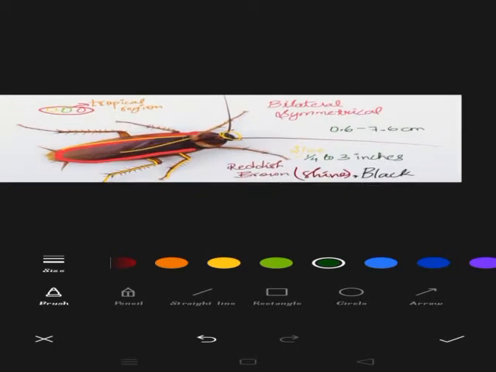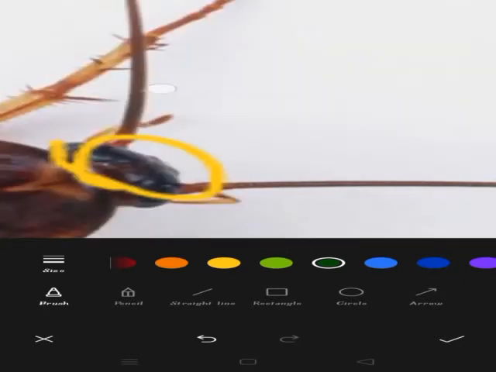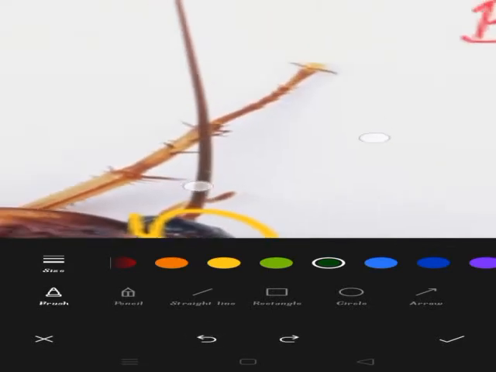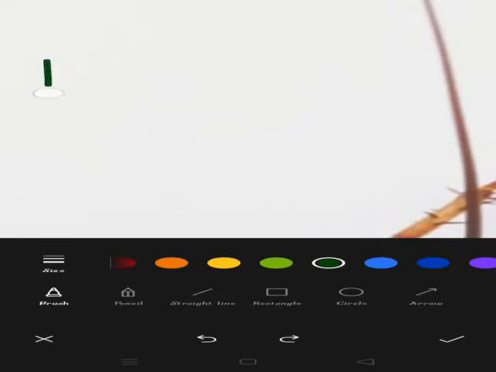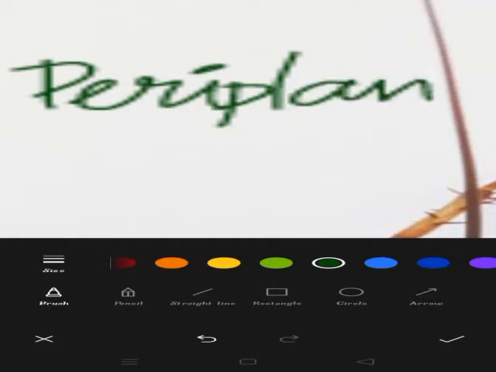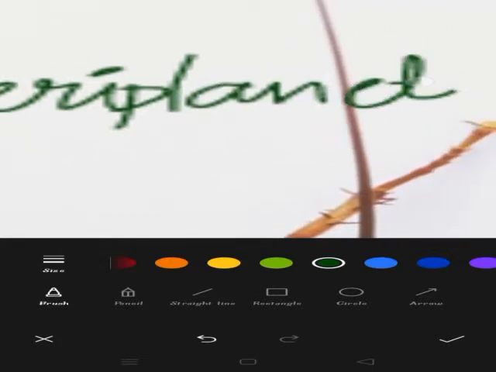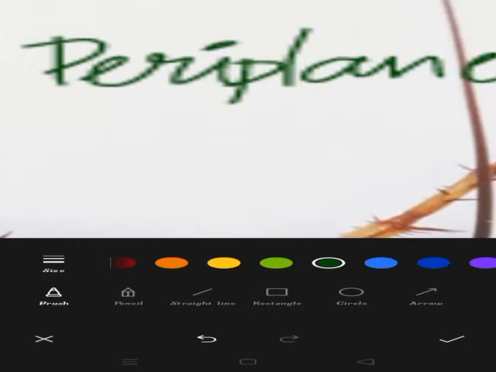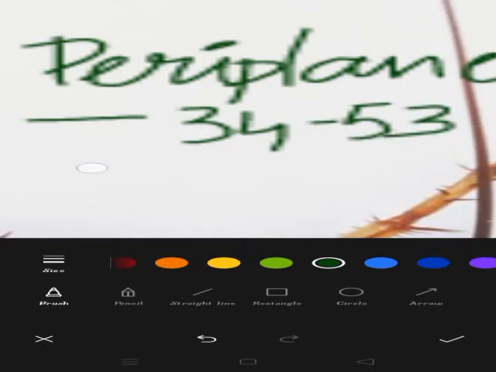In Periplaneta, species of cockroaches are about 34 to 53 millimeters.